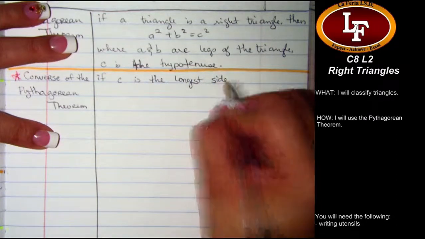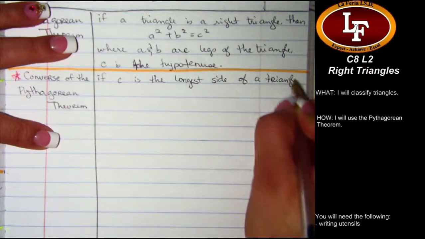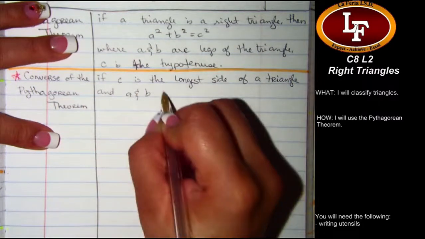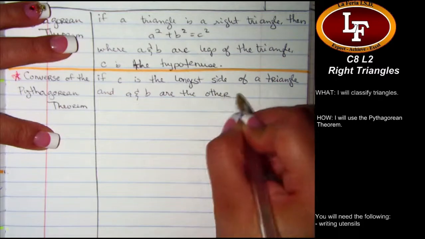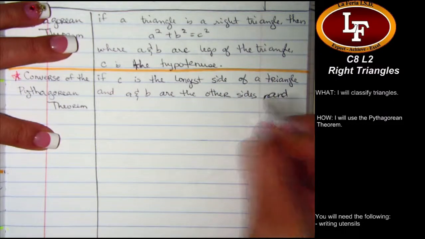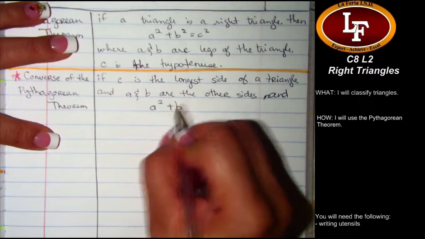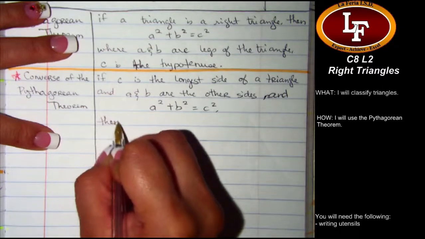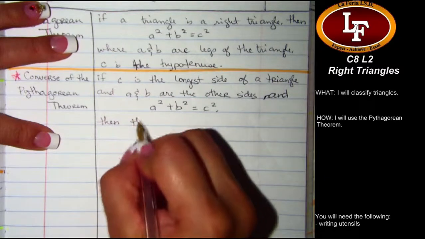So if C is the longest side of a triangle, and A and B are the other two sides, and there's a lot of conditions on this one, A squared plus B squared equals C squared. If I have all of that, then I can say I have a right triangle.